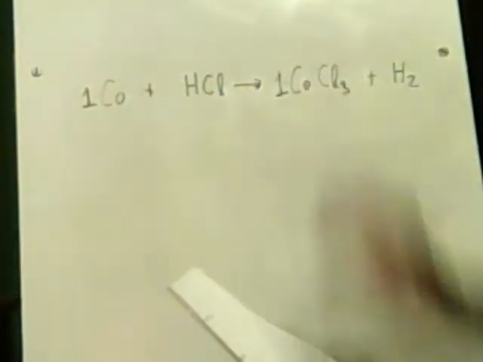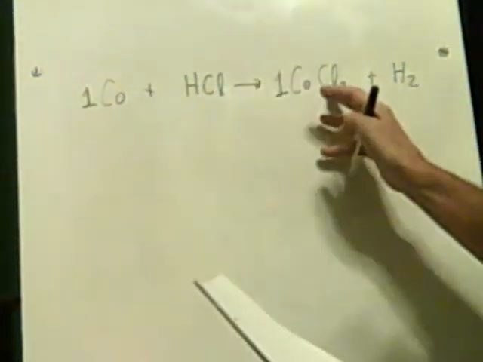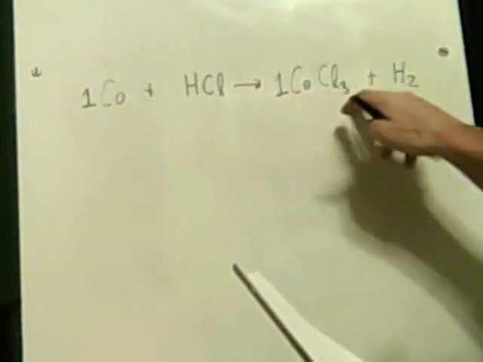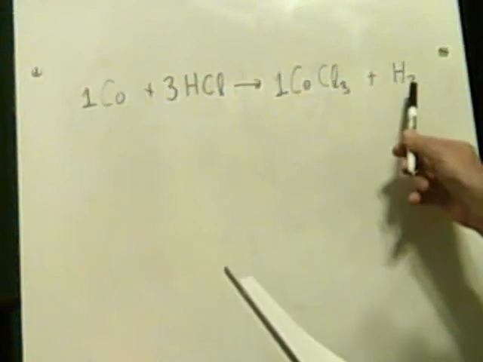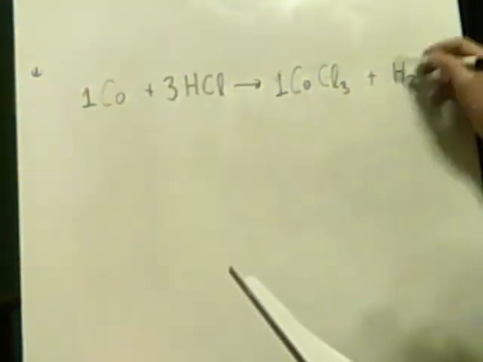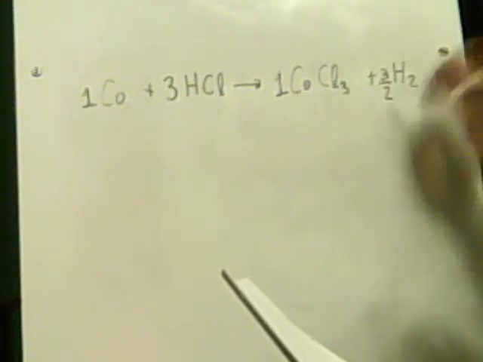1 and 1, cobalt. And let's move on to another element, and the one we're going to move on to is chlorine because we've already got a 1 in front of the chlorine, so there's 3 chlorines, so this has to be a 3. Then we'll move on to the H2. Now there's 3 hydrogens over here, and there's 2 over here, so to get 3, we're going to have to multiply this by 3/2.